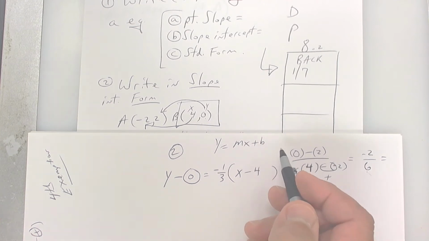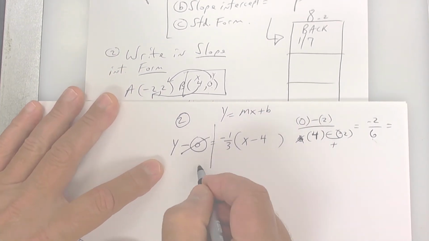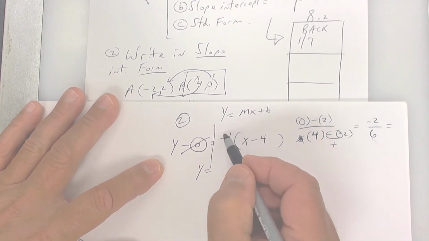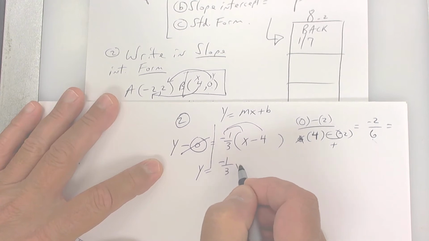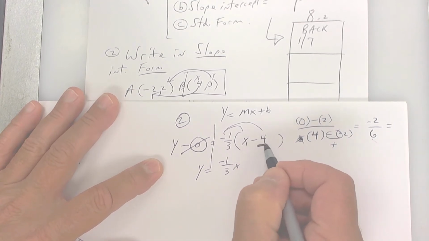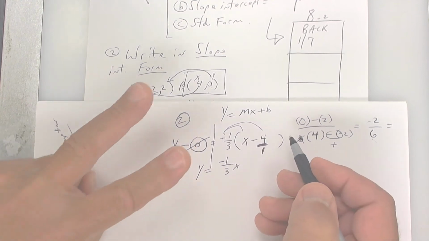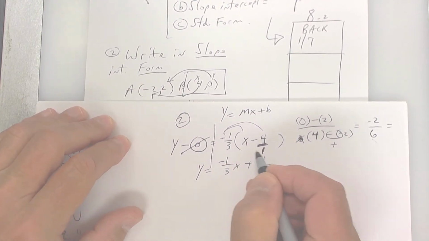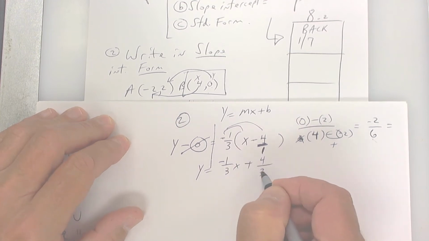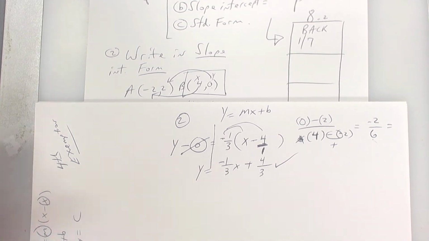To get it in slope-intercept form, you got to get y by itself. So this cancels. So you get y equals, you have to distribute here. So you get negative 1/3 x. Remember the trick? Put a 1 under here and then multiply. Negative times a negative, that's 2 negatives, so that becomes a plus. 1 times 4 is 4, 3 times 1 is 3, and you can leave it like that. And that is called slope-intercept form, and you're done.